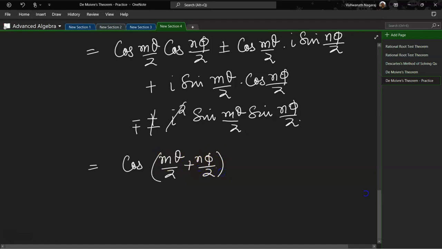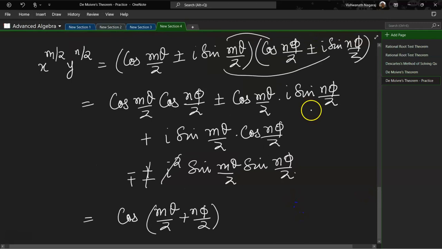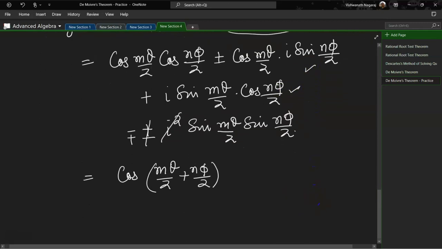And the second term and the third term, they have i in common, plus or minus. We have i times cos sin plus sin cos. So what does it become here? It becomes sin of (m theta plus n phi) by 2.